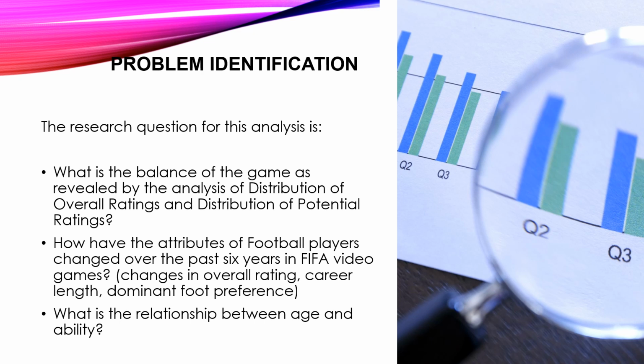Assessing the balance between the overall rating and potential rating is therefore important for accurately assessing people's ability and competitiveness. Second question is, how have attributes of football players changed over the past 6 years in FIFA video games?